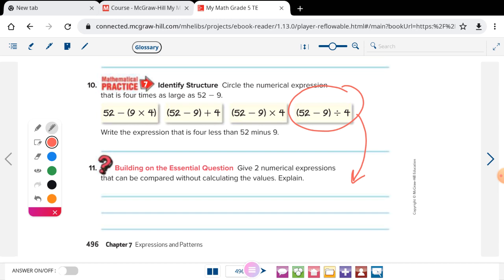Write it down. 52 minus, yeah, 52 minus 9. Who can give me a real world situation where I would have to do 52 minus 9? Abby? At the pet store, they had 52 animals.